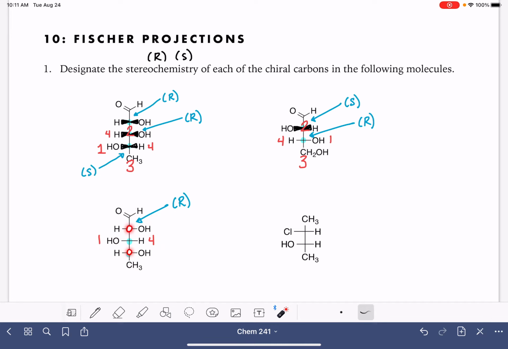Instead of comparing these carbons, we now have to compare these 2 carbons to each other. This carbon up here has an oxygen that we get to count twice because it's part of a double bond, versus a bunch of hydrogens. The oxygens are going to win, so this is going to be number 2, this is going to be number 3. 1 to 2 to 3 looks like an R, but we are upside down, so it is an S.